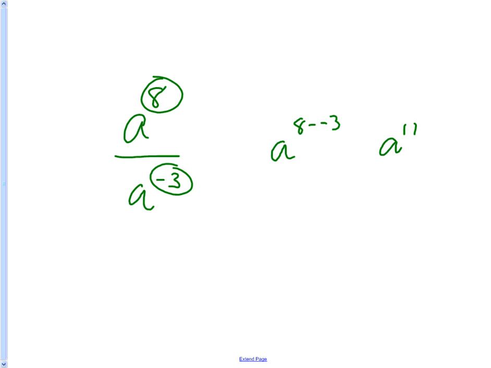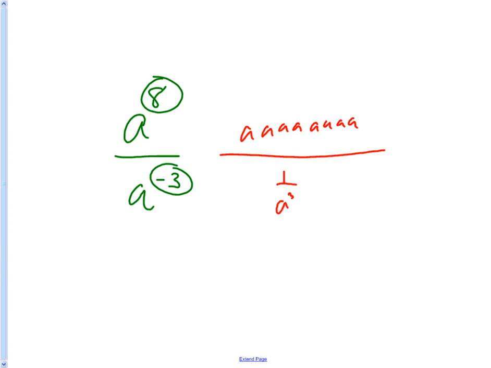All right, and somebody's mentioning that a to the negative third kind of wants to go on top. I agree. Let me show you why. A to the 8th is a, all over a to the negative third. Those are saying that they're not happy on the bottom and they want to come up to the top. That's 1 over a to the third is really what it is.